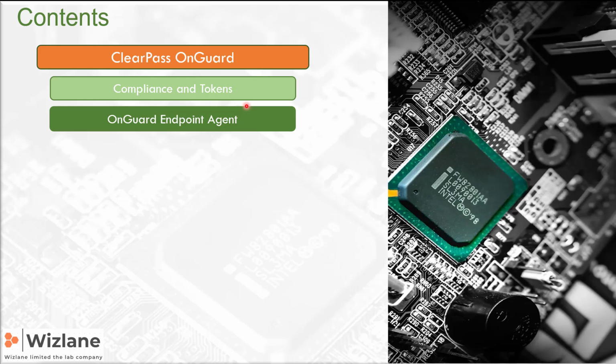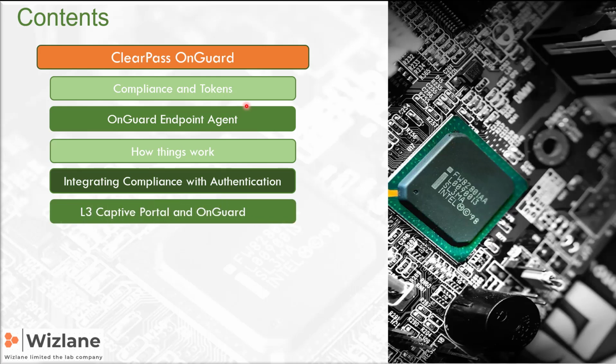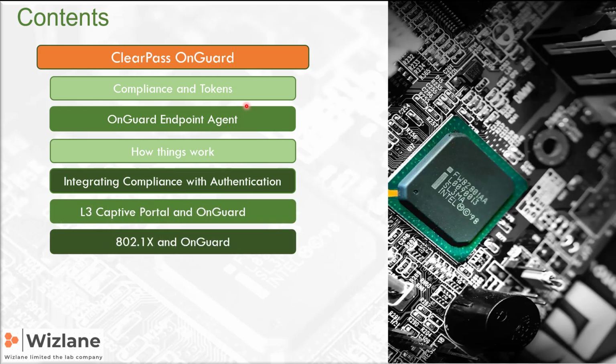The agent, so then you install the agent on the endpoint, and then that agent communicates the information back to ClearPass OnGuard, how things work, and then the compliance with authentication, how to integrate that one with authentication, captive portal, as well as including the 802.1X authentication, how to use the OnGuard with these two different types of authentication, one being the layer 3 authentication, one being a layer 2 authentication.